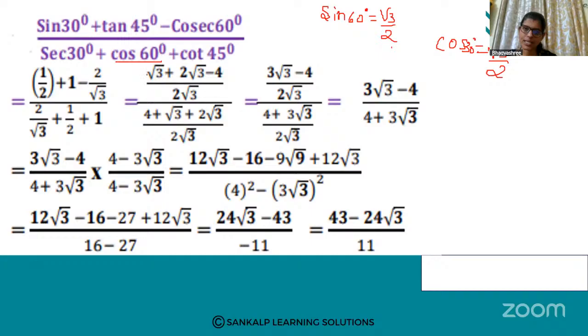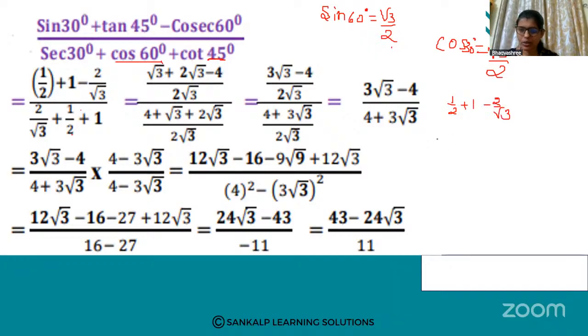Plus cos 60 degree is 1 by 2. Plus cot 45 degree. Tan 45 degree is 1, cot 45 degree is also 1. Is equal to 1 by 2 plus 1.